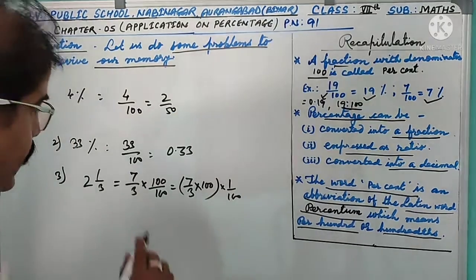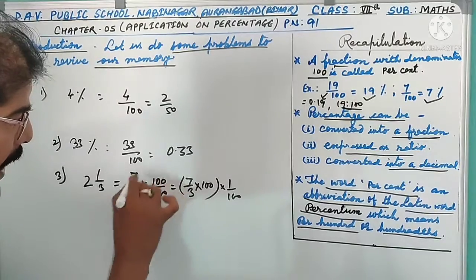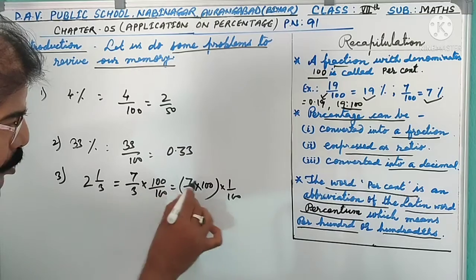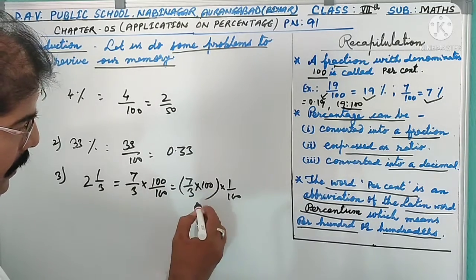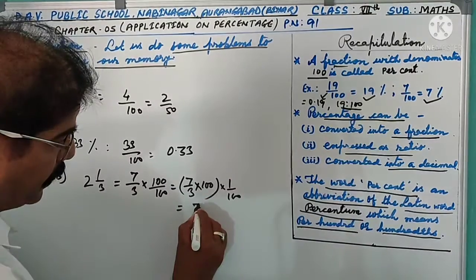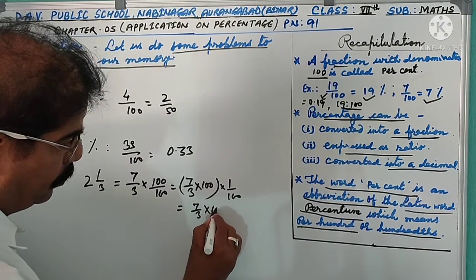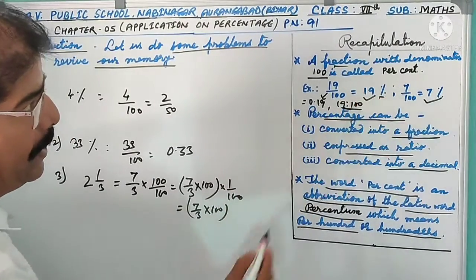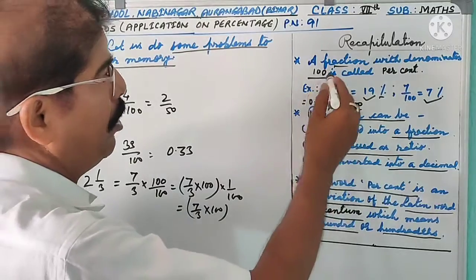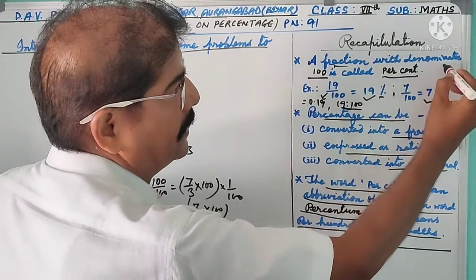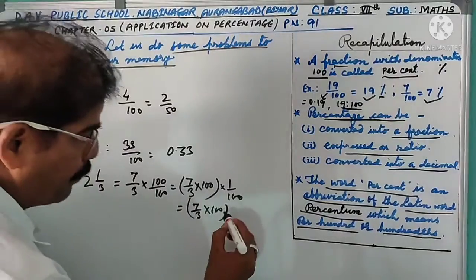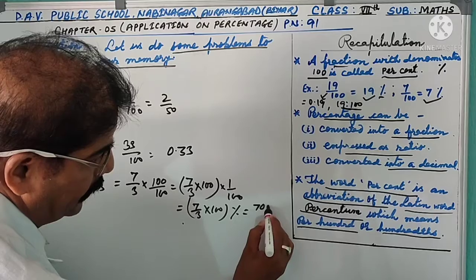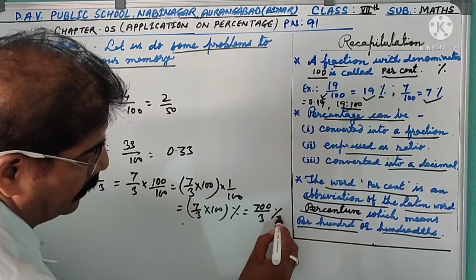Is it clear? That means 7 by 3 into 100 into 1 by 100, and 1 by 100 means the percentage sign. Dear students, the symbol of percentage is this. So that is 7 into 100, 700 by 3 percent.